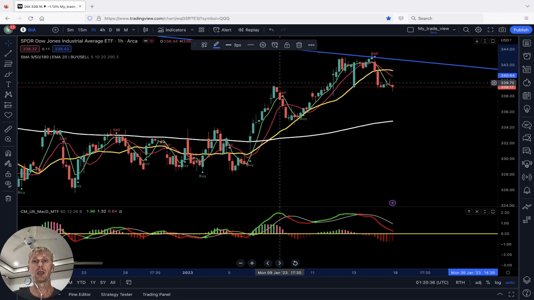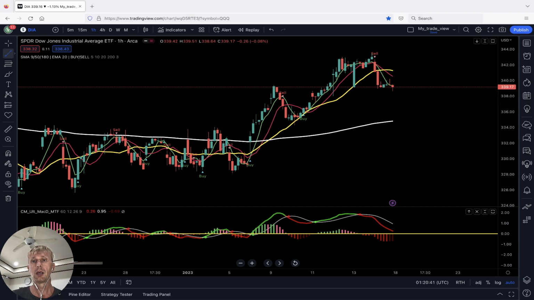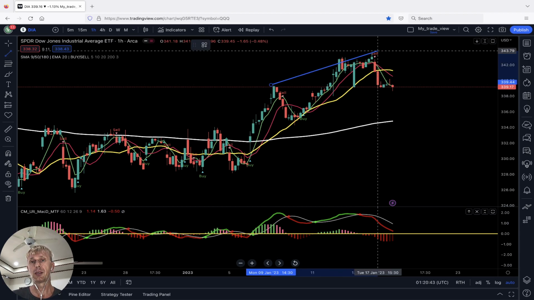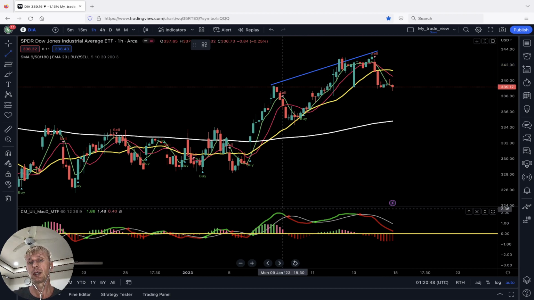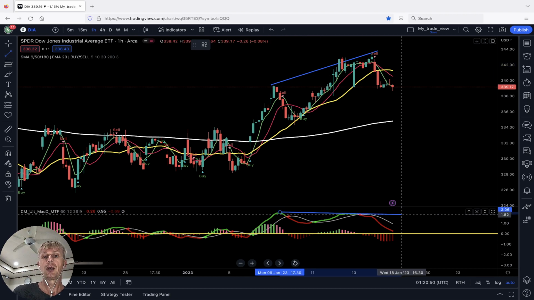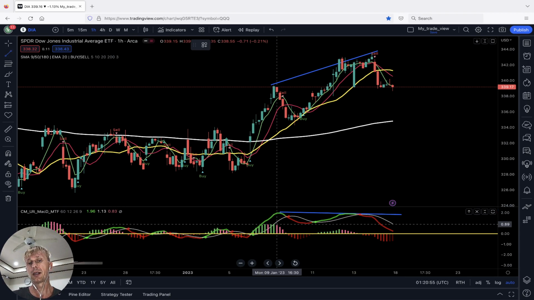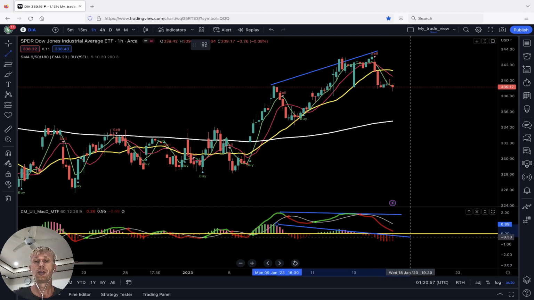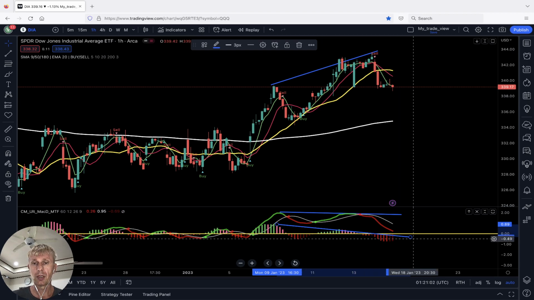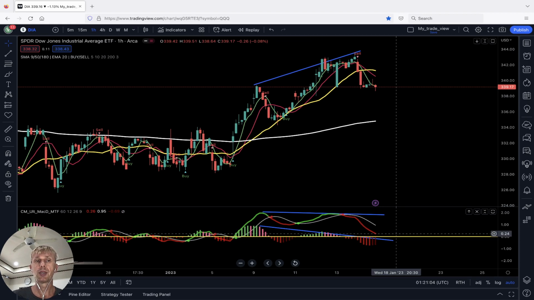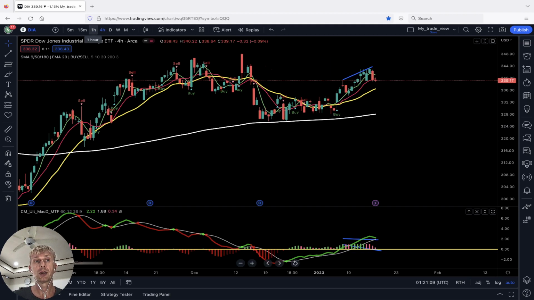Let me remove this line and make it this line uptrend. It's uptrend direction. On the MACD, it's a downtrend bearish divergence. Bearish divergence on the MACD line and bearish divergence on MACD histogram. Bearish trend on 1 hour, and it's trying to change direction bearish on 4 hours.